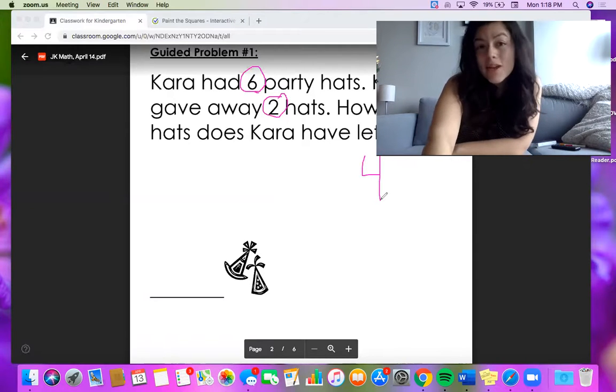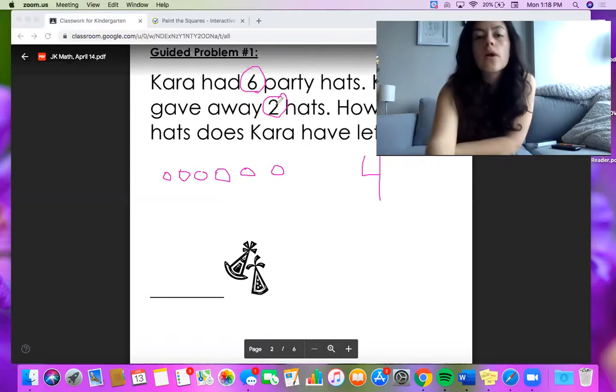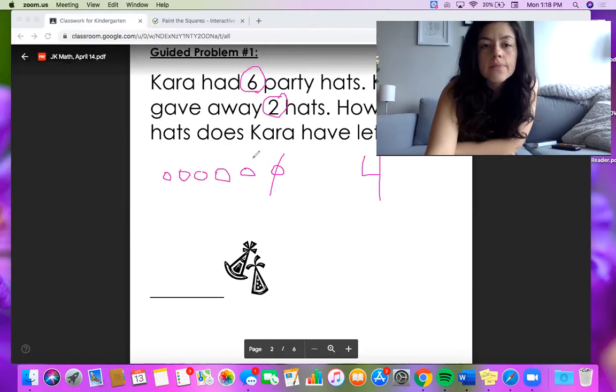Now, maybe you're going to want to check by drawing it out. So let's draw it out just for fun and see if we get the same answer. She starts off with 6 party hats. 1, 2, 3, 4, 5, 6. And she gives away 2, so we're going to get rid of 2 by crossing them out. 1, 2.